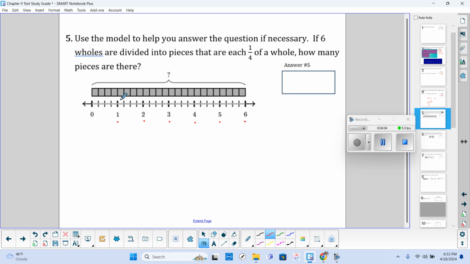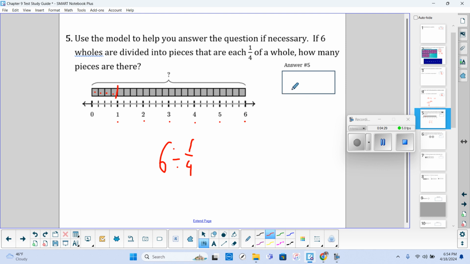And each of them is divided into, if you take a look right here, 1, 2, 3, 4 equally sized pieces. So 6 divided into pieces that are 1/4 of a whole each means, if you count them up, you can see there are 24 of them.